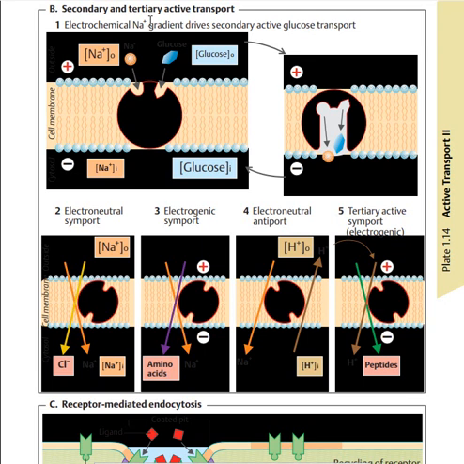This energy can be directly using ATP or indirectly using ATP. When it is directly using ATP, it's called primary active transport, and when it is indirectly using energy, it's called secondary active transport. Examples of primary active transport are going to be calcium ion ATPase and sodium ion potassium ATPase.